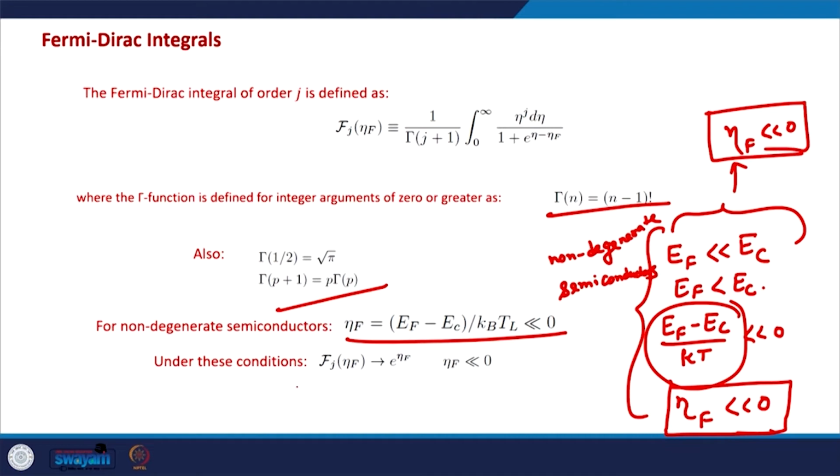So in these cases this Fermi-Dirac integral can be approximated by exponential of eta f. This is an important approximation, which is true in most of the cases, because in most of the cases our semiconductor is non-degenerate.